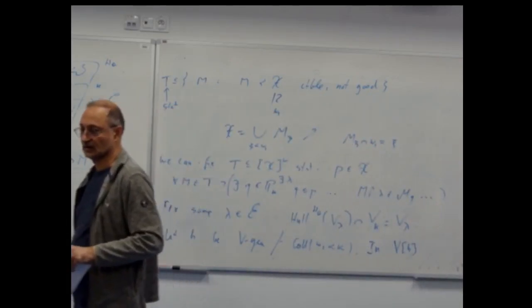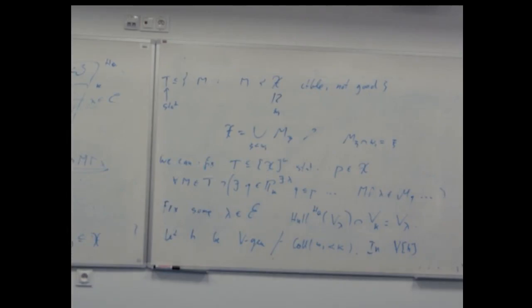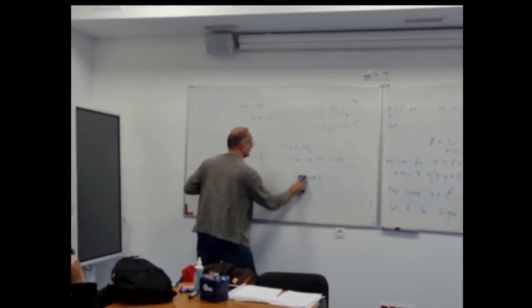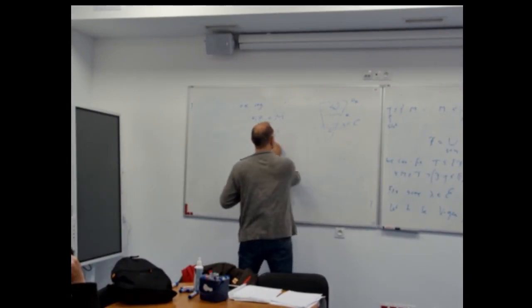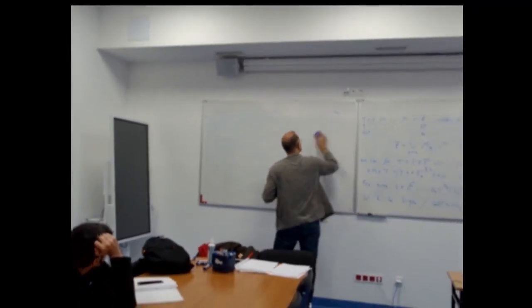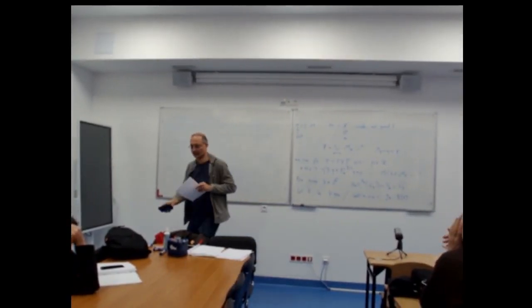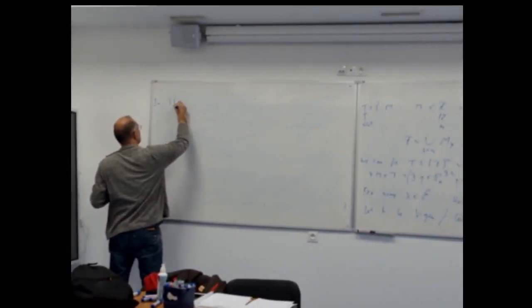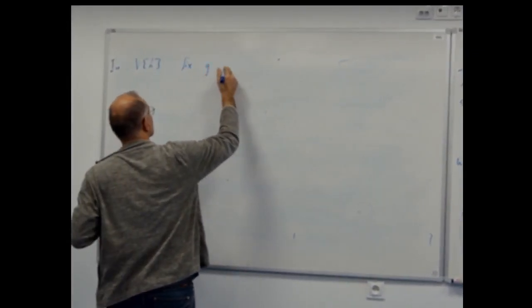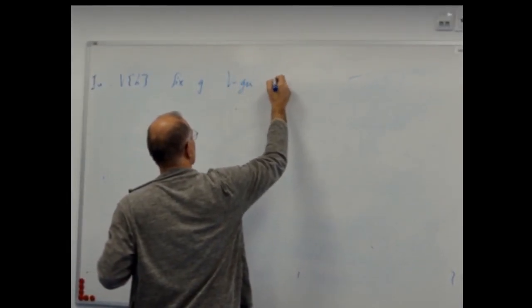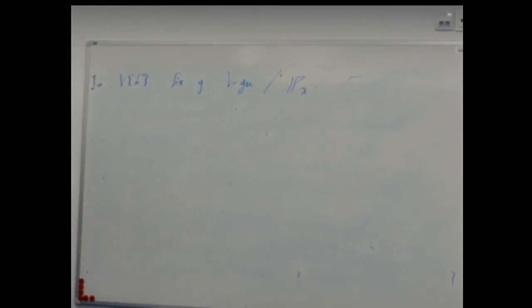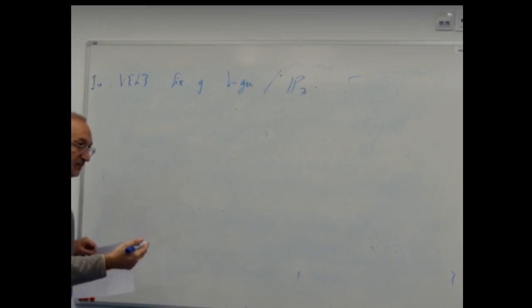We have the generic for P lambda. Let in V of H fix G, which is V generic over P lambda. And from this generic, you can read an assignment.